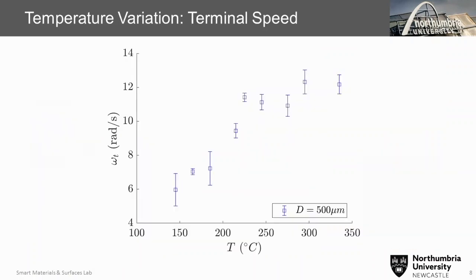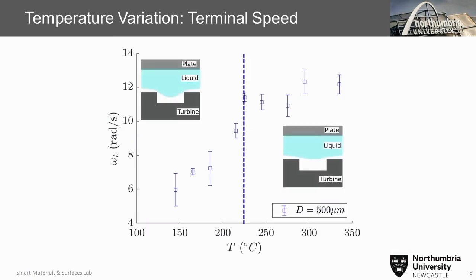So we also look at this variation of the terminal speed with temperature, and we find two regimes: one where the speed increases with temperature significantly, and the other where it almost stabilizes. This transition can be explained by considering that the liquid deforms over these grooves.